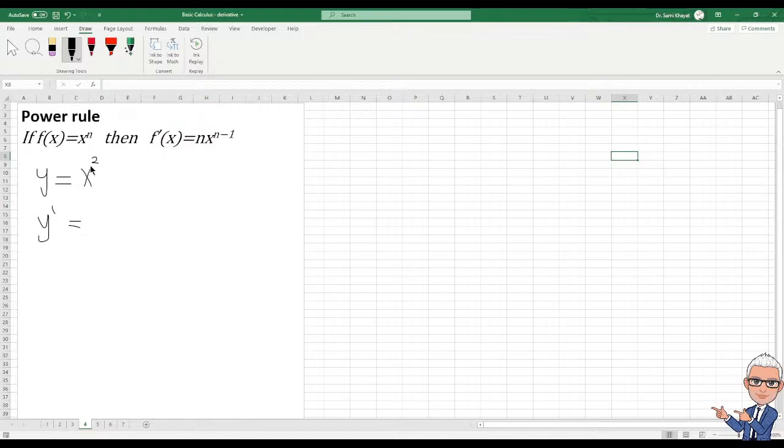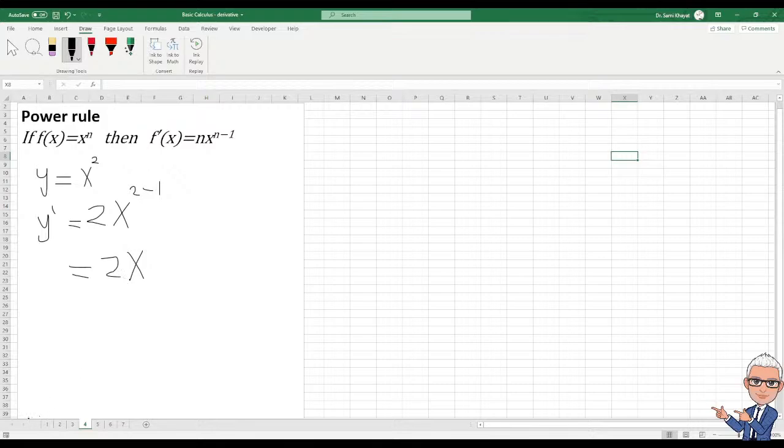you take this 2, the number in the exponent, put it in front, and multiply it by x to the power 2 minus 1. Okay, the answer will be 2x.